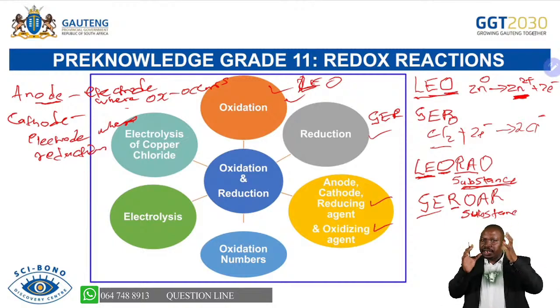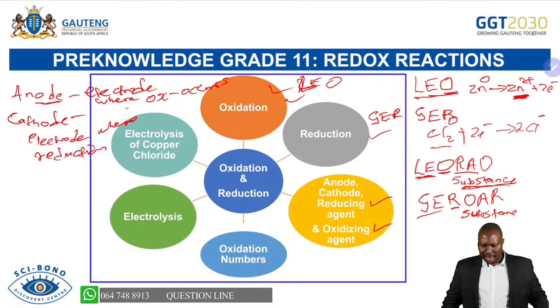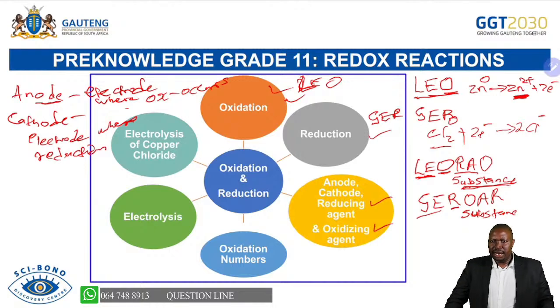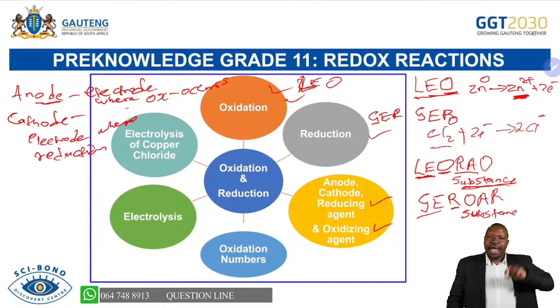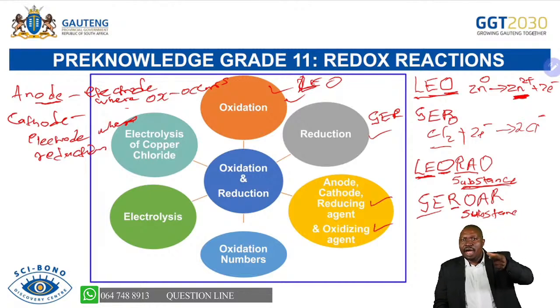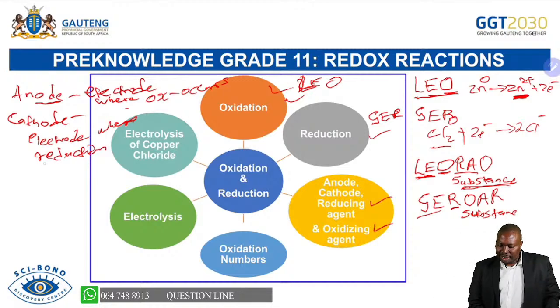I'm referring to where there is a cathode, there will be reduction, because there is a mistake that learners make, to think that a cathode itself undergoes reduction. But we are saying where we have a cathode, a reduction will take place. So the type of reaction that takes place where we have a cathode we refer to as reduction.